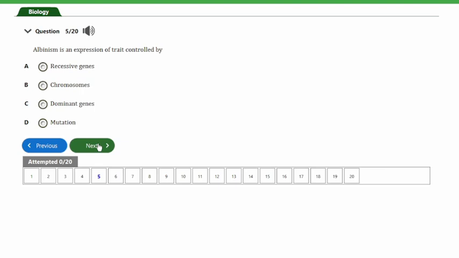So their body is unable to make a normal amount of the melanin. So I believe you guys know what the melanin is. That's the chemical that is responsible for giving your skin, your eye, and your hair its color. So in albinism, you don't usually make enough of this.